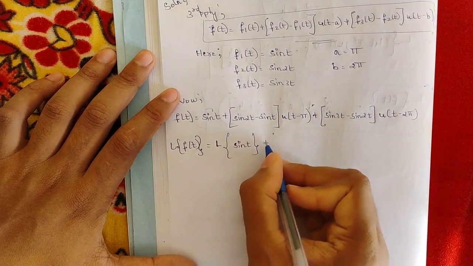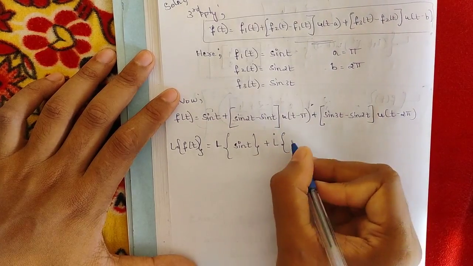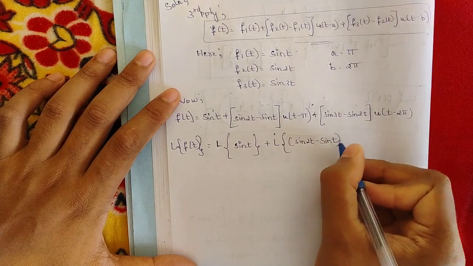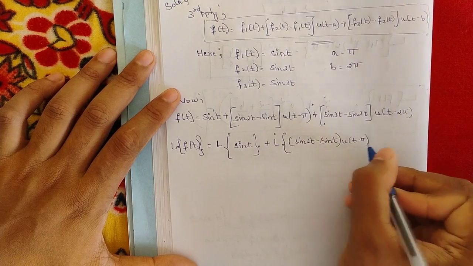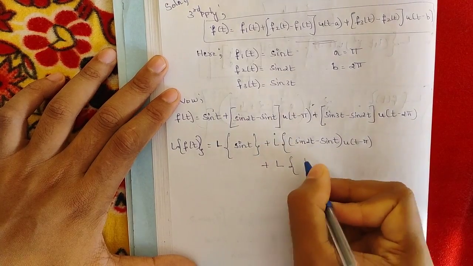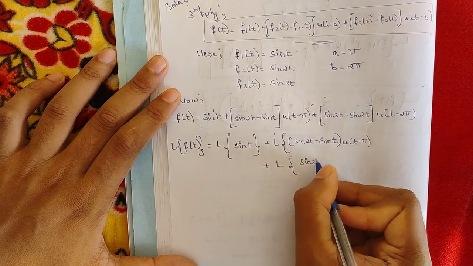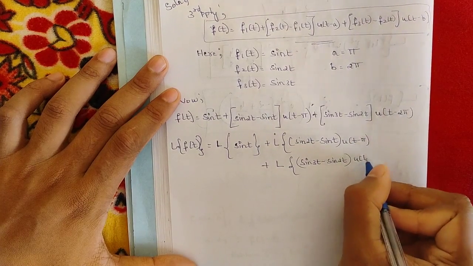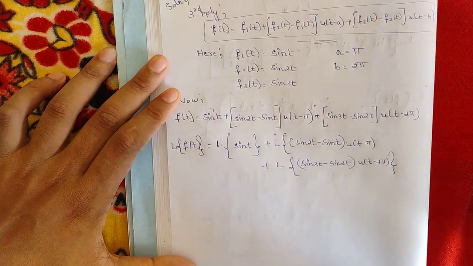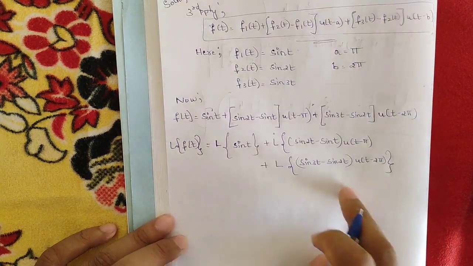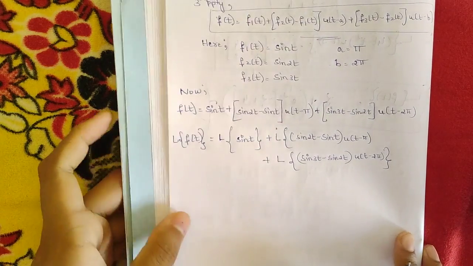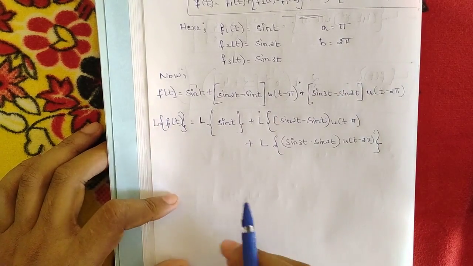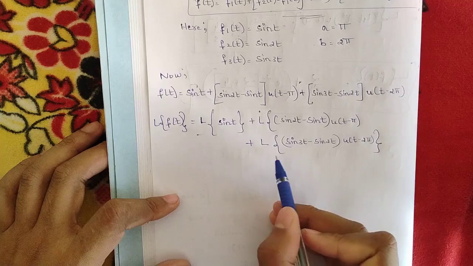This is one term, plus Laplace transform of the second term, that is sin 2t minus sin t into u of t minus pi, plus Laplace transform of sin 3t minus sin 2t into u of t minus 2 pi. So you have split it in 3 terms, and we should be solving for 3 cases. This is the first case, second case, third case.